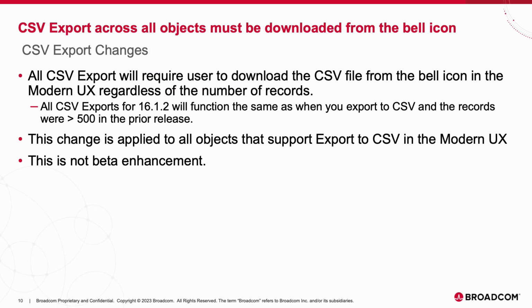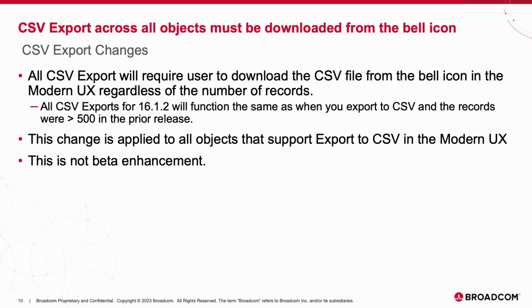So we made a change to CSV export for all objects in the modern UX: now in order to get the CSV export file, you need to download it from the bell icon. This was only required in prior releases if you were exporting greater than 500 records from your grid.